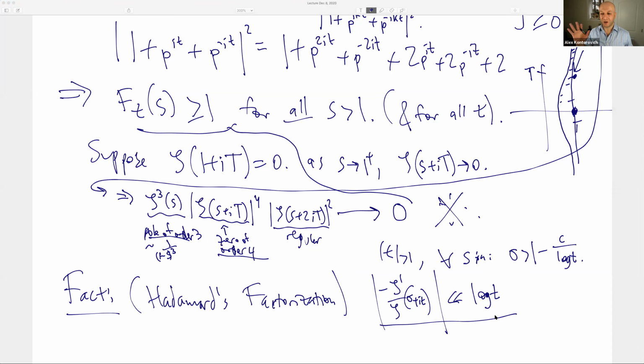Okay, are you willing to accept this argument? So not only did we prove that it's non-zero, there's room between 1 and 0, and so you can use that room to prove a zero-free region. Not only does it not vanish on this vertical line, but actually it doesn't vanish in this entire region.